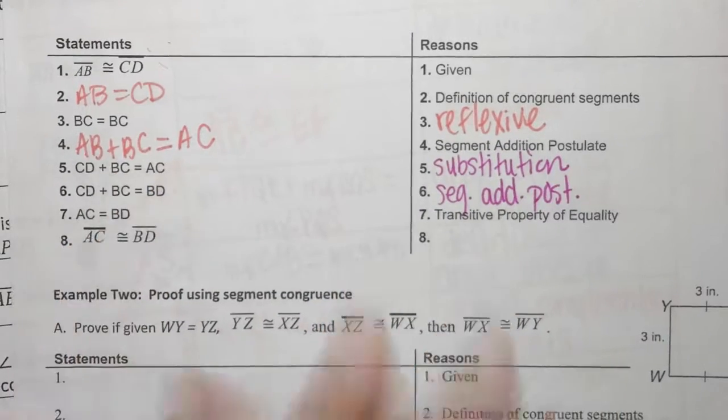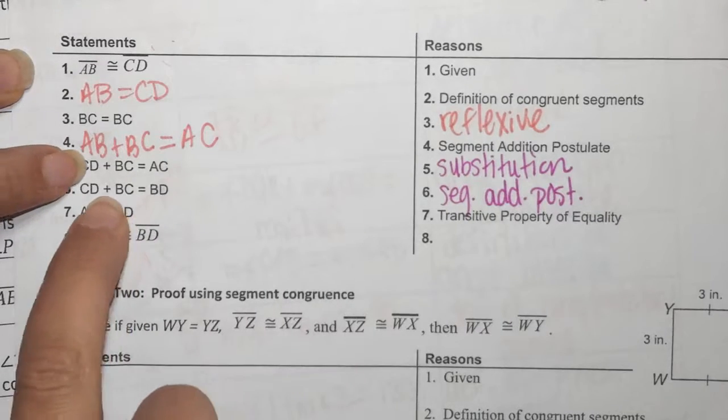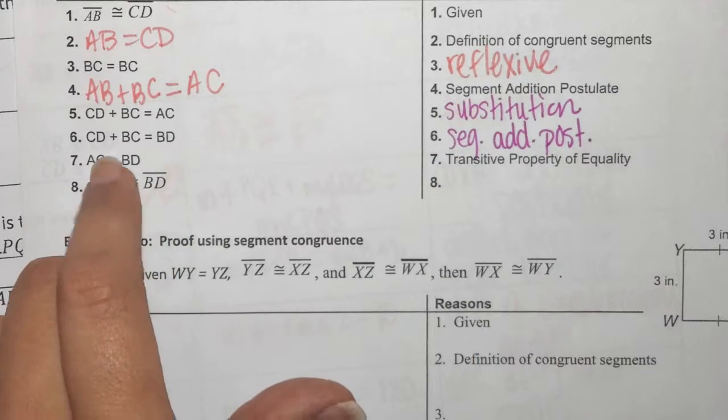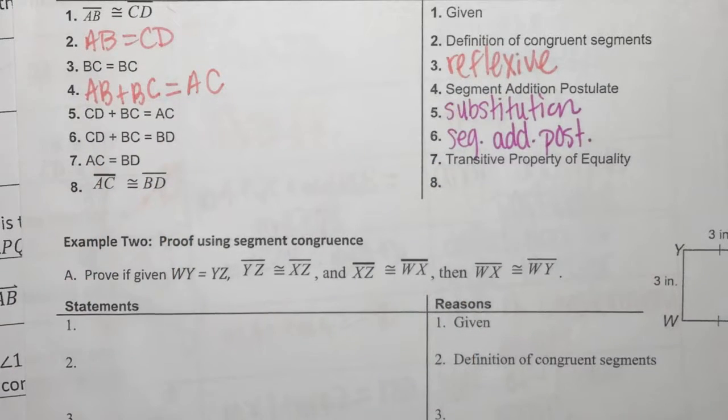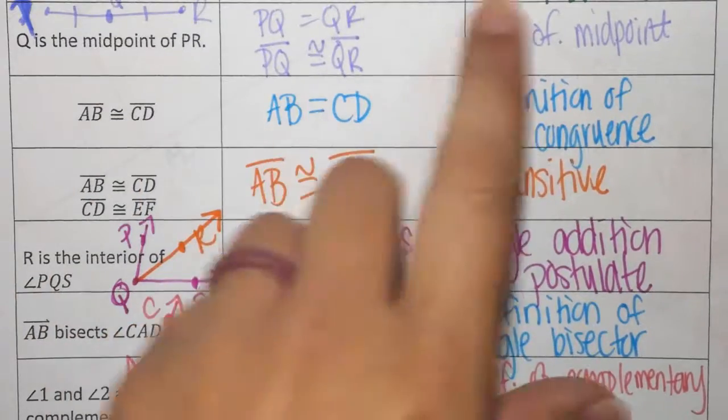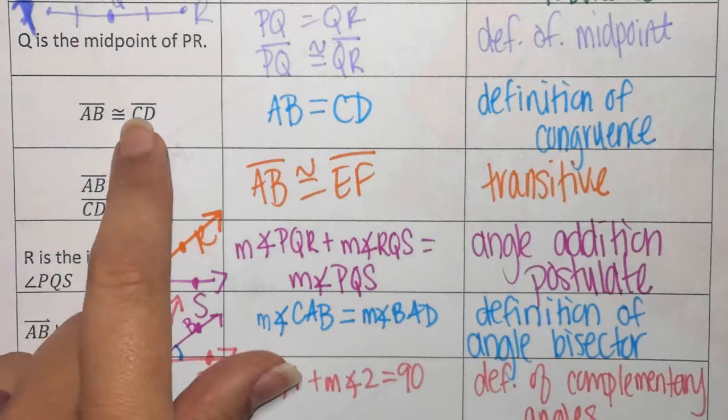Now, do we see how these two are the same thing? So then they said that AC equals BD by the transitive property. So how could we go from this to this? If we can go from here to here by the definition of congruence, can't we go backwards?